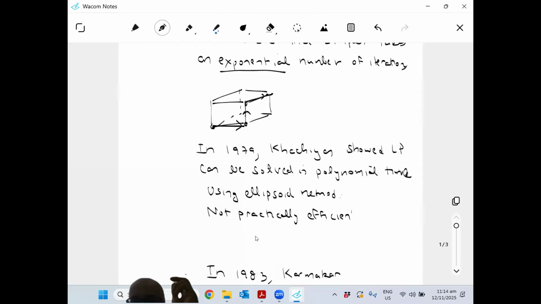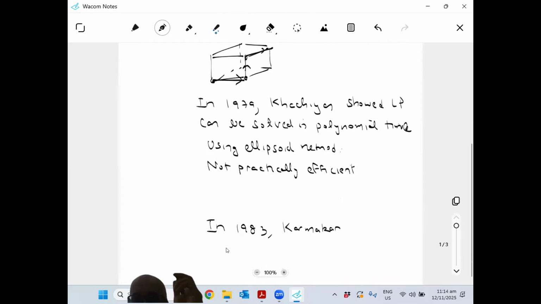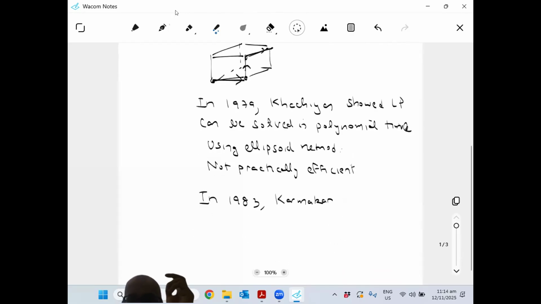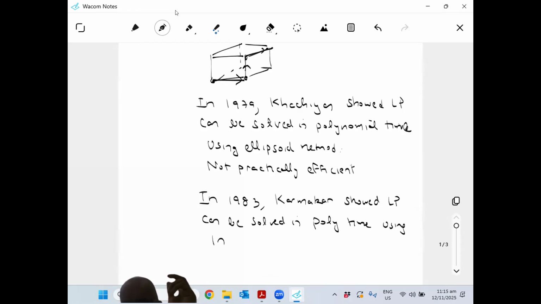Later in 1983, building on some other work, Karmarkar introduced what's called the interior point method, which also solves LPs in polynomial time. So again, there's a different method, and this tends to be both theoretically and practically efficient.